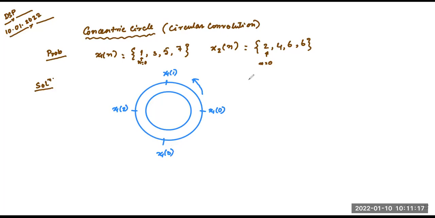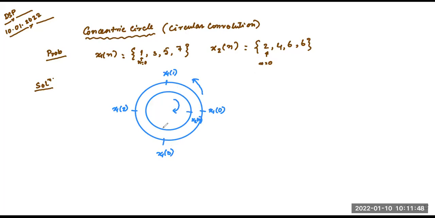Okay. Now the inner circle will be given clockwise. Inner circle clockwise. First we have to fix the position of the 0th bit. The 0th bit position must not be changed. So this is the 0th bit, x2[0].